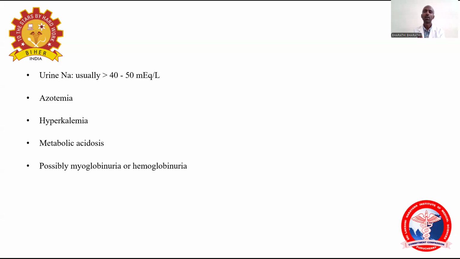Because there are some ion disturbances, and the hydrogen ions are not secreted into the urine. And possibly myoglobinuria or hemoglobinuria. In case of muscle injury, there will be myoglobinuria. In case of any hemolytic condition, there will be hemoglobinuria.